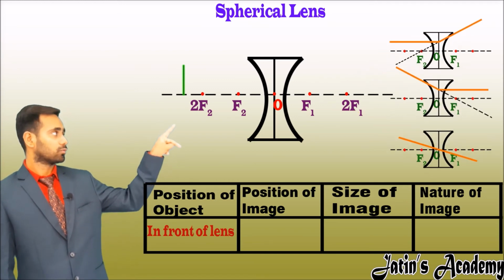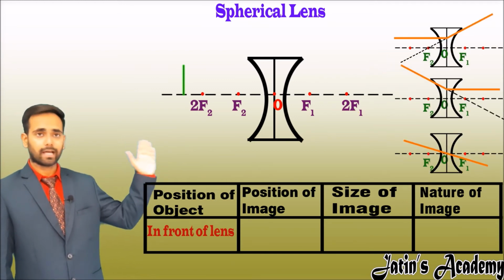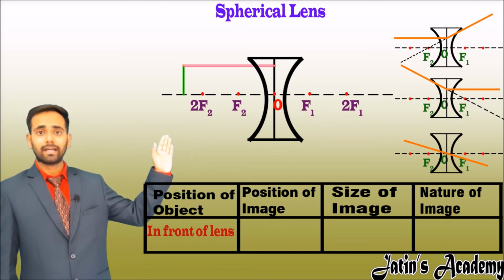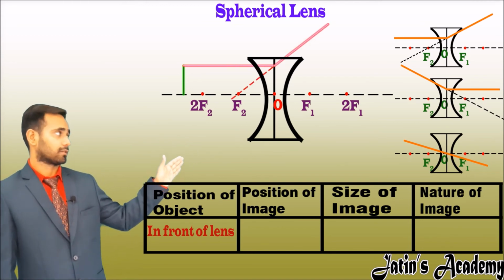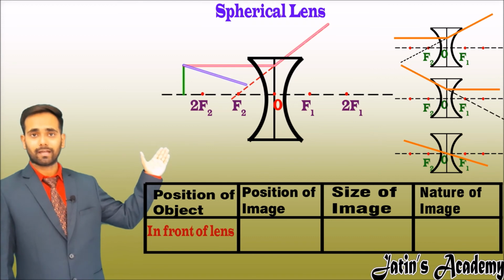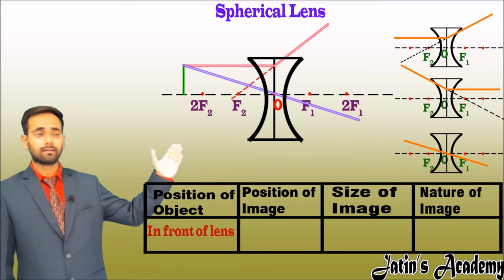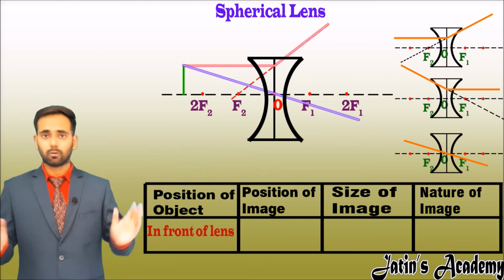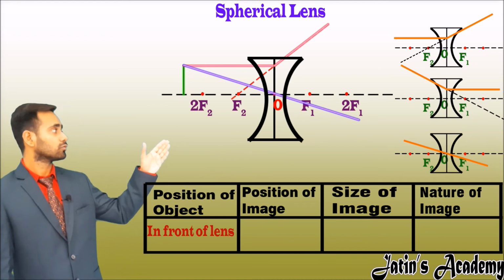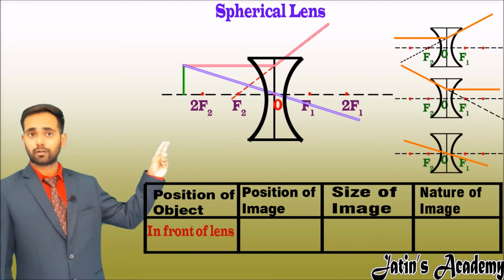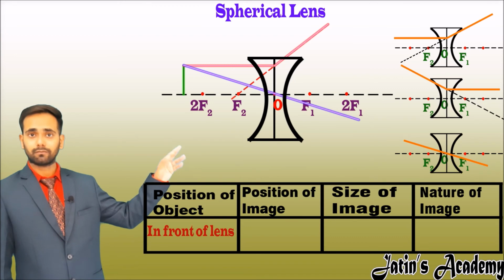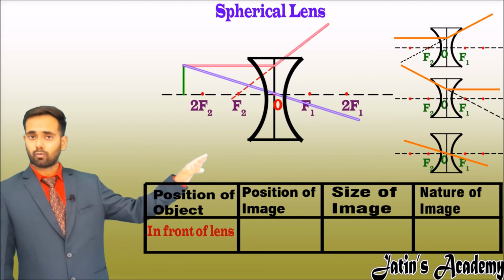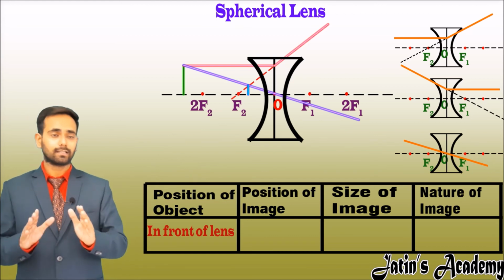Now choose the two rays. First ray is a line parallel to the principal axis, it diverges from the second focus, and the second ray is a line that passes through the optical center, it passes without any deviation. So the image is formed at the point of intersection, between f2 and O, meaning the second focus and the optical center. Now start filling the table.